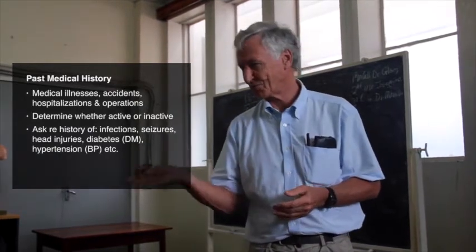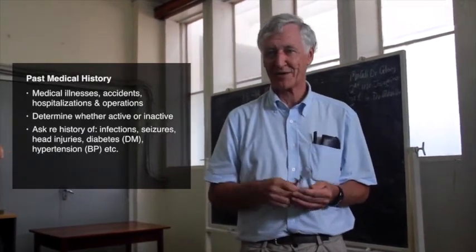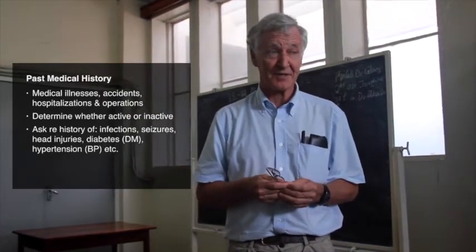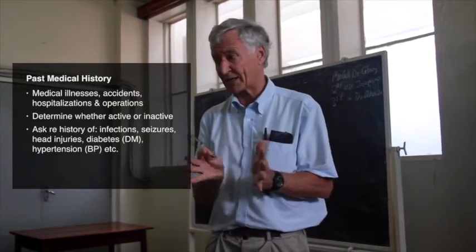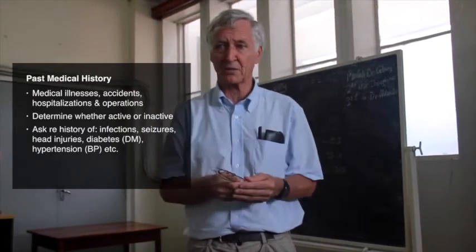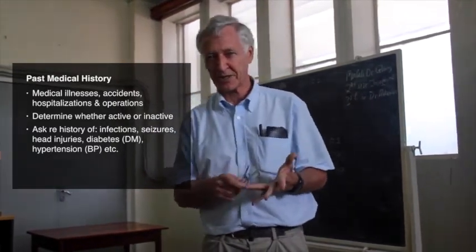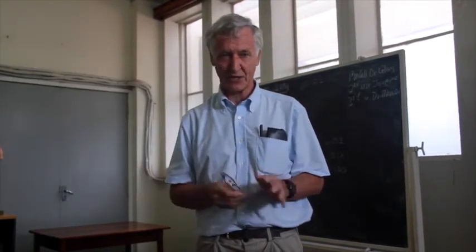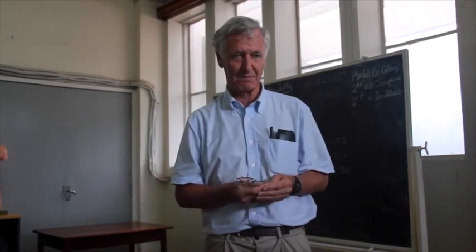The stroke with hypertension or diabetes or some other illness in the past. So again, we tabulate the main issues in past medical history: illnesses, operations, hospitalizations, and their chronology, and any relevant symptoms.